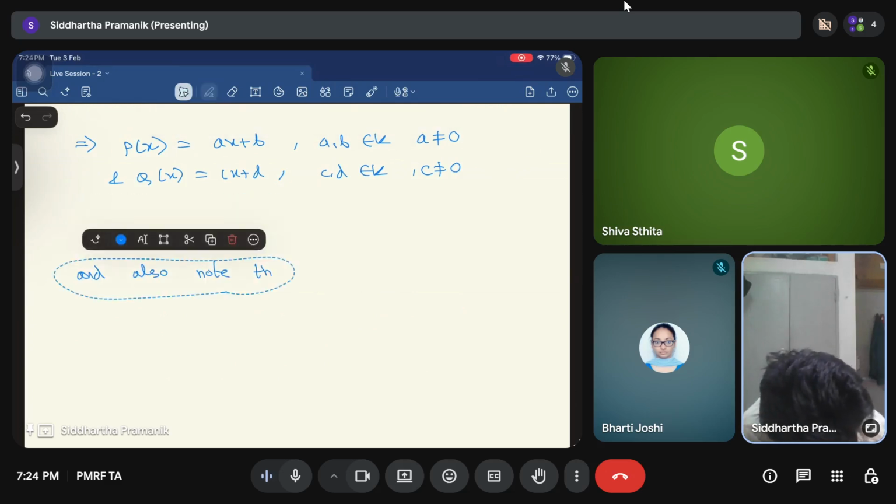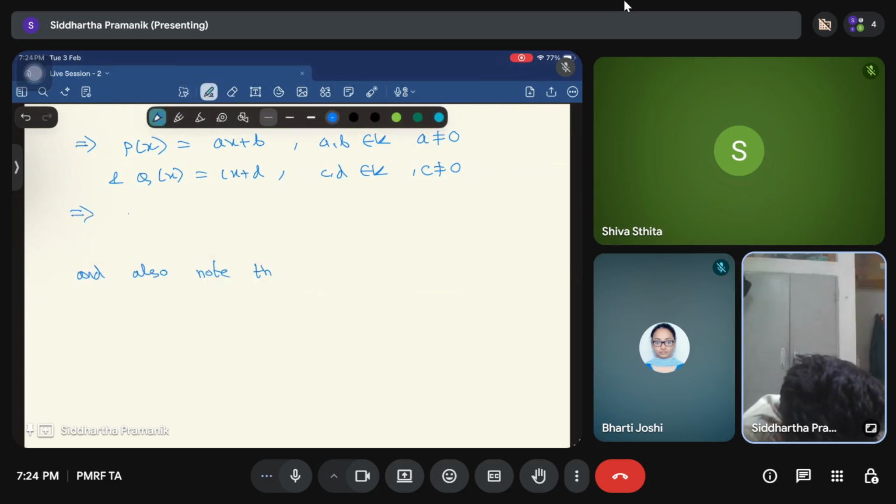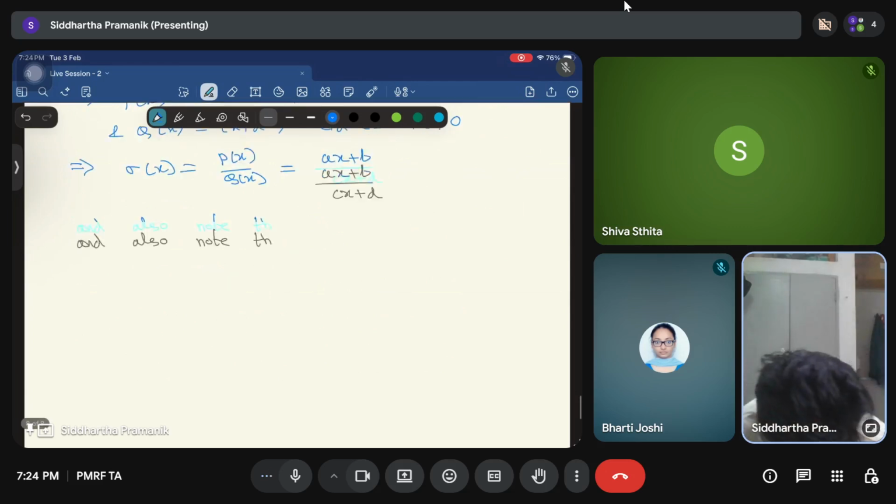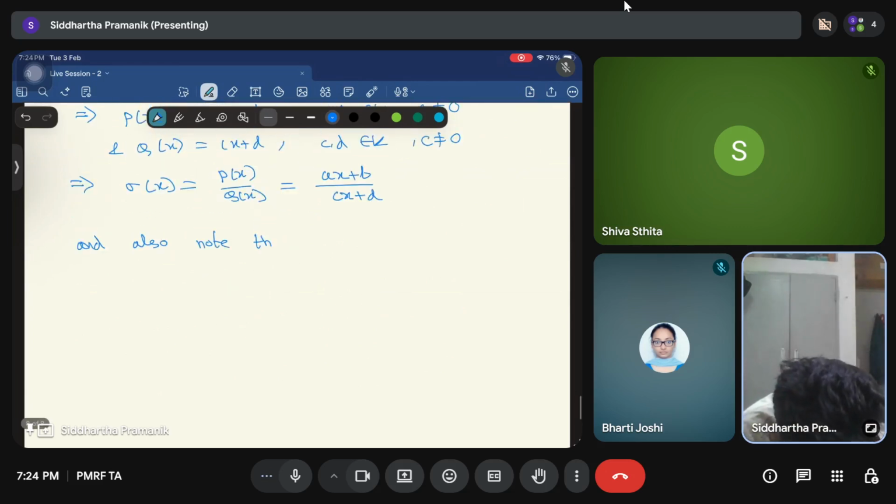We already got, so this will imply sigma of x, which we assumed p(x) by q(x), is just (ax plus b) by (cx plus d). So this form we have got. Now the final condition: also note that ad minus bc is non-zero.